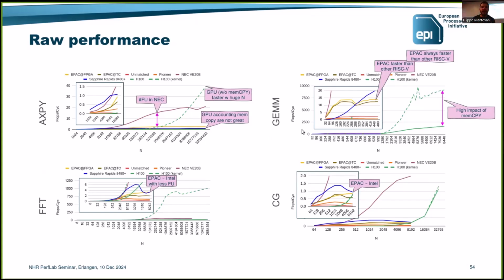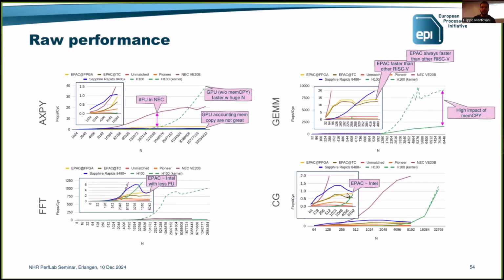There are highlights, like for example, in the case of FFT or conjugate gradient, in which the EPAC delivers a similar performance to an Intel one, with half of the functional units. And the other funny thing is, if you look at the blue line, that is Intel, because blue is the color of Intel, and the yellow one, the one of EPAC, right?